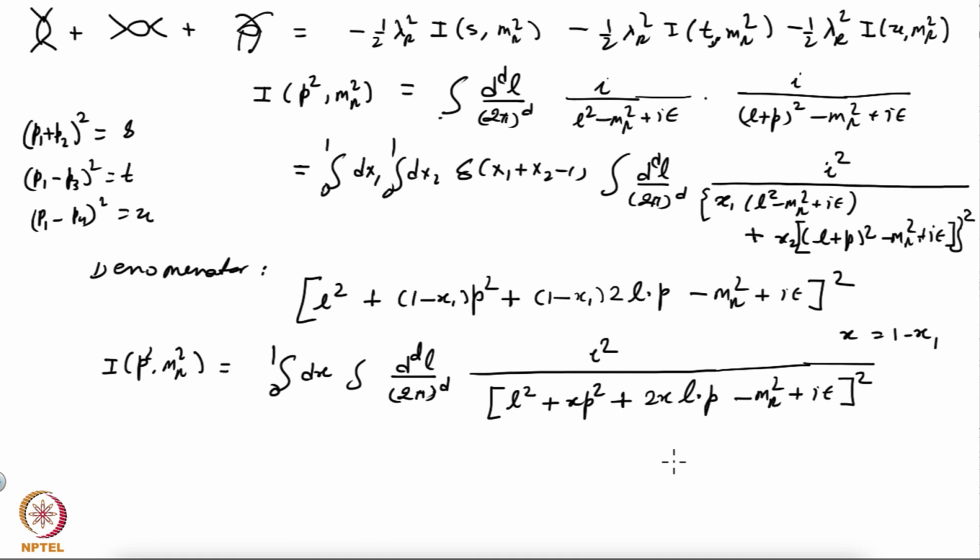Now we should do what? We should complete the square. The denominator you can write as (L + xP) squared plus x(1 − x)P² minus m_R² plus iε. You should check that this is something you can get.